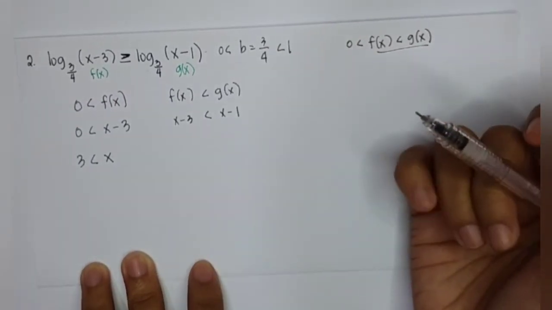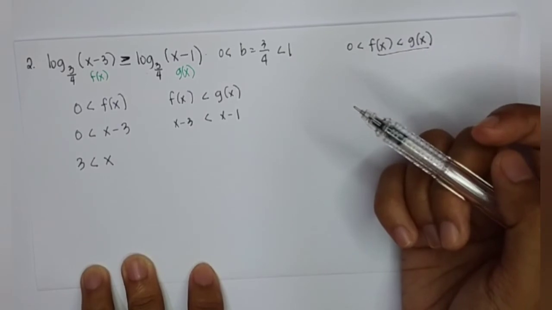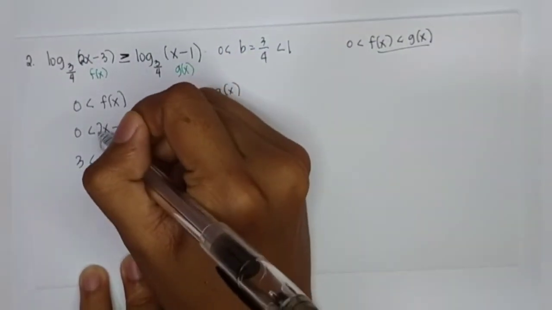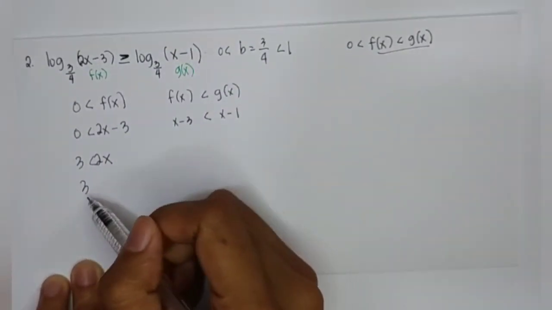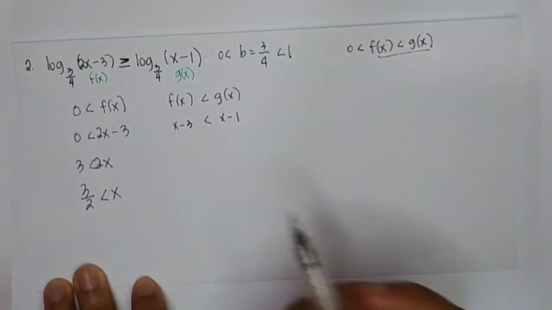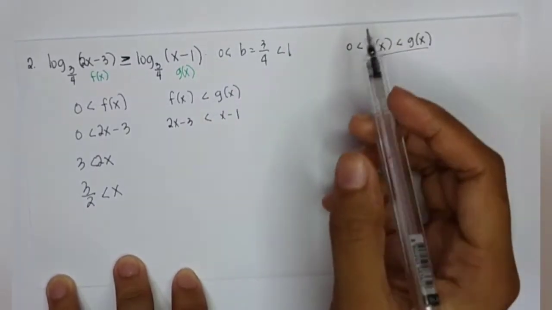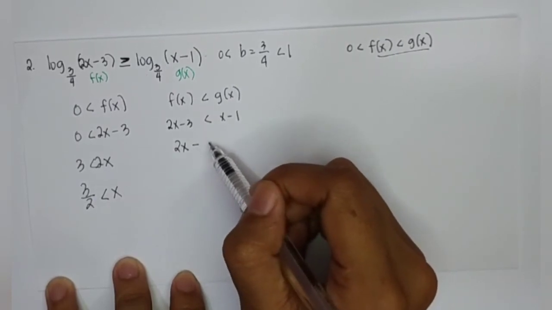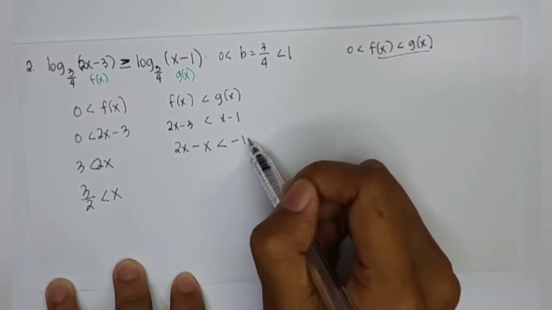Sorry, this is 2x minus 3. So this will be 3, divided by 2. That is x is greater than 3 halves. Then 2x minus x is less than negative 1 plus 3.